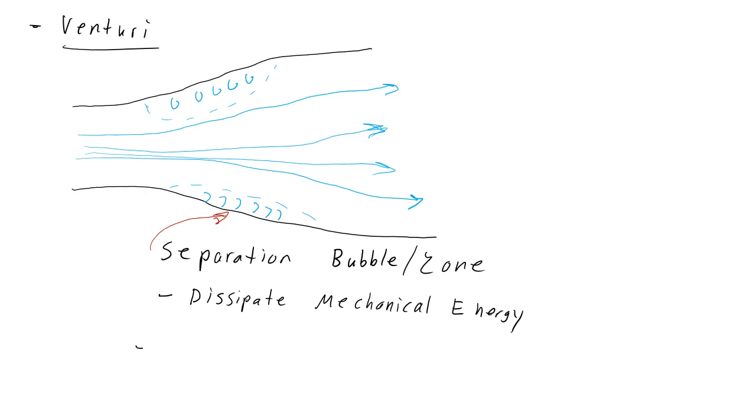Now, for the Venturi, the K is strongly dependent on the geometry, and on how quickly the Venturi expands. In other words, an abrupt expansion tends to dissipate more energy, therefore it has a larger K, versus something that's smoothly transitioning tends to not dissipate as much energy and therefore has a smaller loss coefficient.